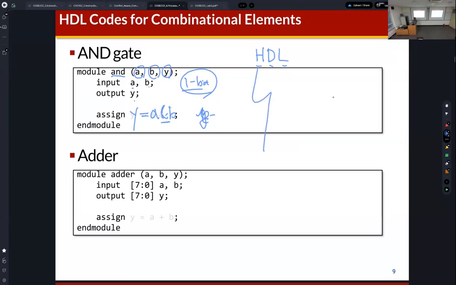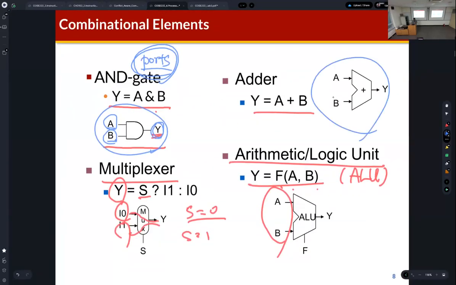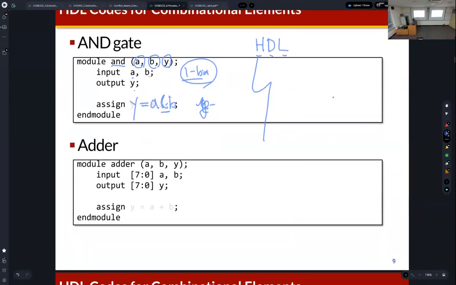And then the adder. In this example, the adder also has two input ports and one output port. But as you can see, the input signal A has 8 bits, because in order to represent a very large number, we need to use multiple bits.